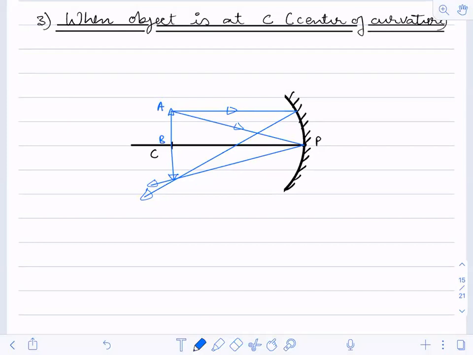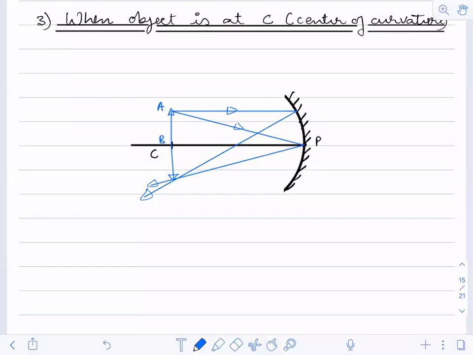Understood? So here a little bit of adjustment you have to do if you are not drawing with scale and pencil. That is fine, you can do it in the exam.